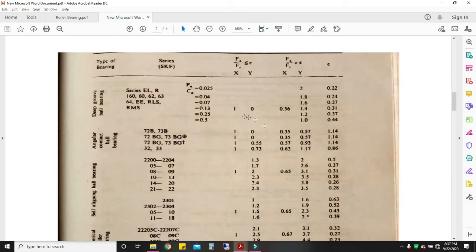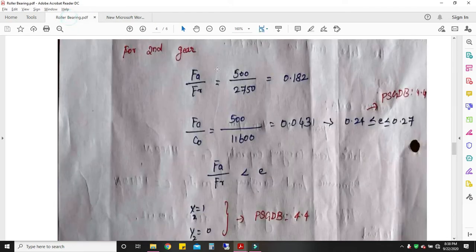The value of FA by C0 equal to 0.0431 lies between 0.04 and 0.07. The corresponding E value for 0.04 will be 0.24. For 0.07, the E value will be 0.27. So the E value lies between 0.24 and 0.27. We already found that FA by FR equal to 0.182, but the E value lies between 0.24 and 0.27.